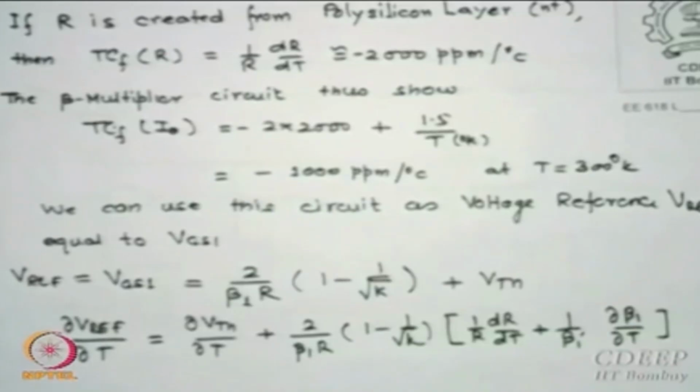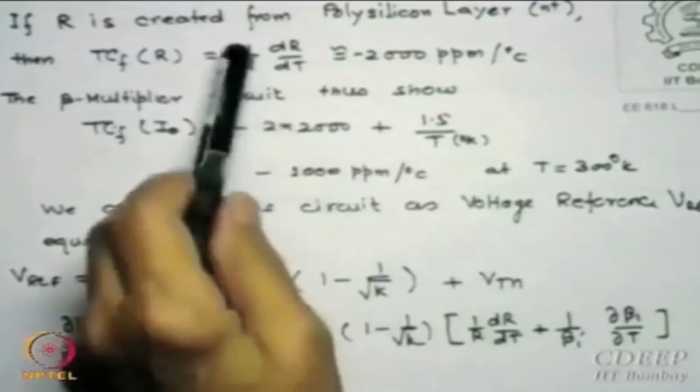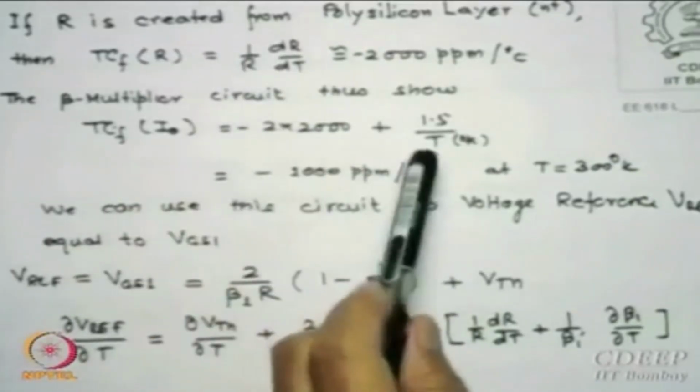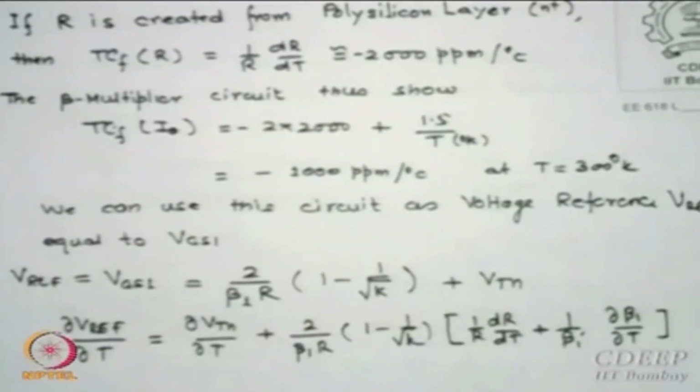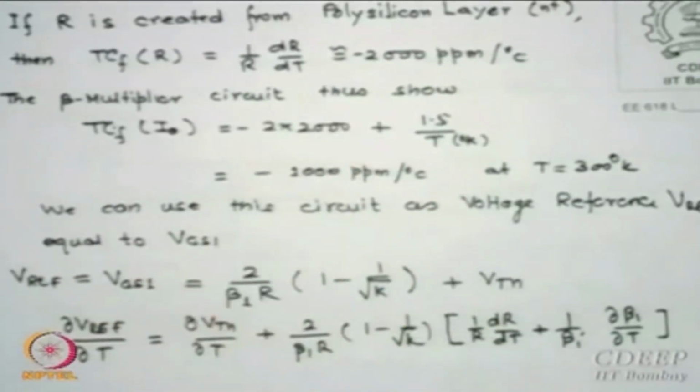Okay, so it gives you 2 into TCF of R, or 2 upon R dR by dT, plus 1.5 by T. So now this is minus 2000, so it is minus 4000, this is 1.5 by T, T is around 5000.